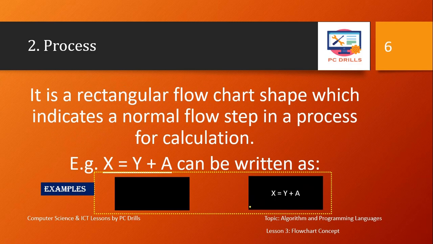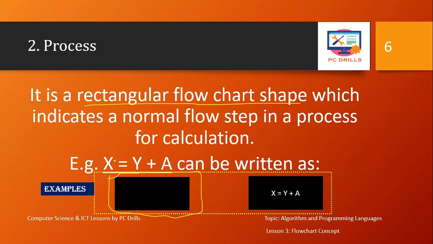Next, we have a process. When we say a process, it simply means performing a particular calculation or executing a particular instruction. Processes are usually represented by rectangular flowchart shapes. So when you see a rectangle in a flowchart, it is to represent a particular process.